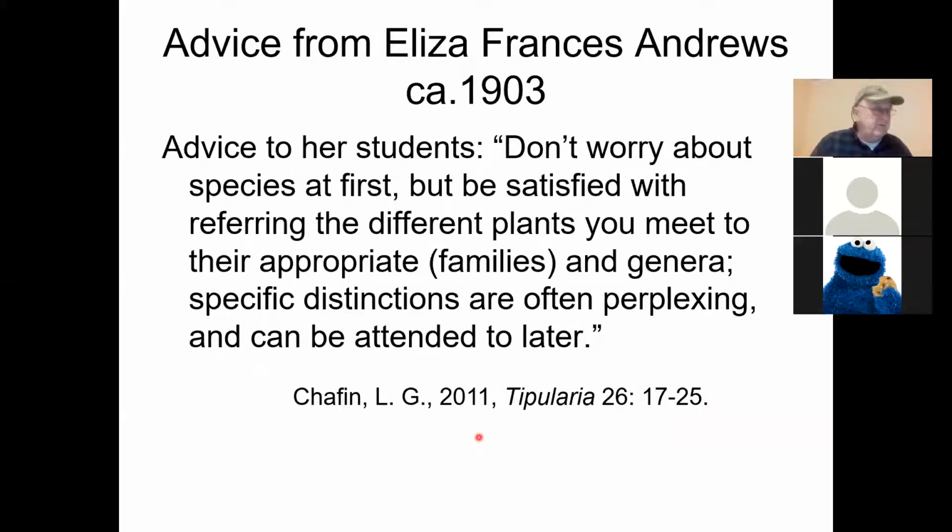Now, this is a slide that may not be in the original set, but it's in the set you got recently. The real advice: Linda Chafin published an article in Tipularia that talked about Eliza Andrews. She was a very good, highly respected botany teacher.